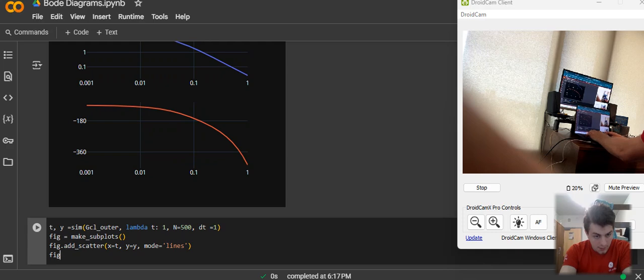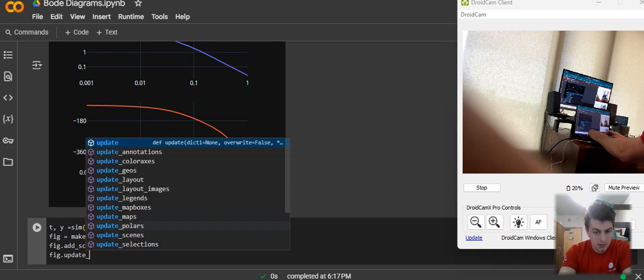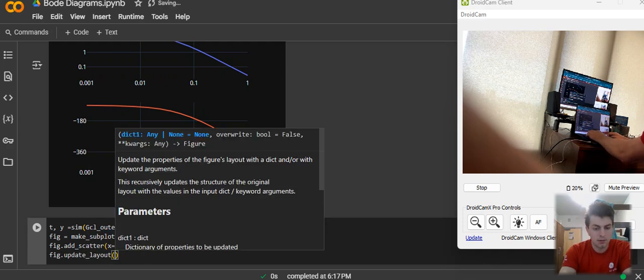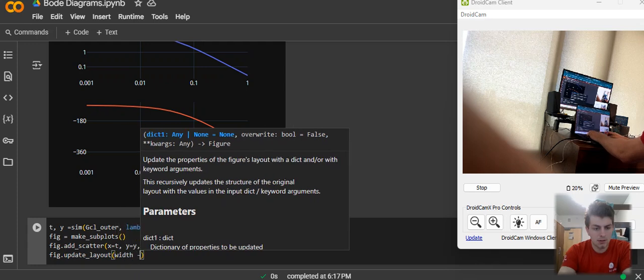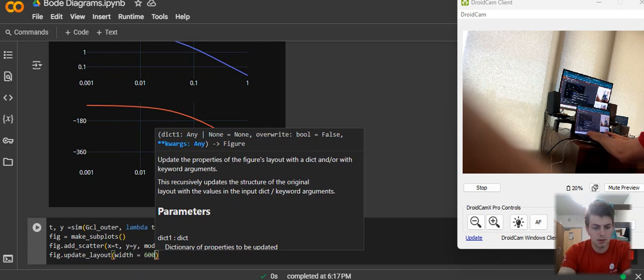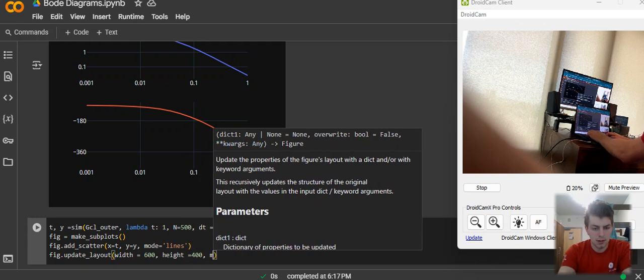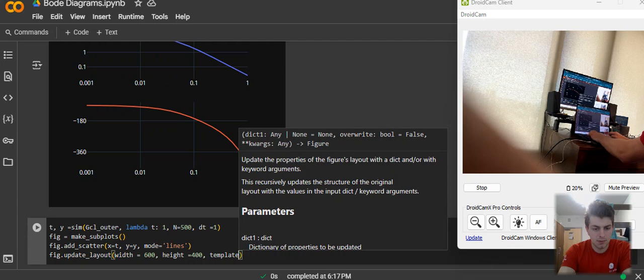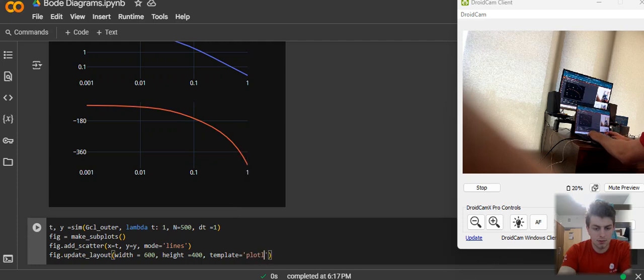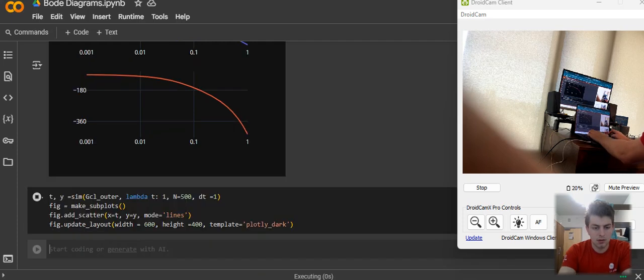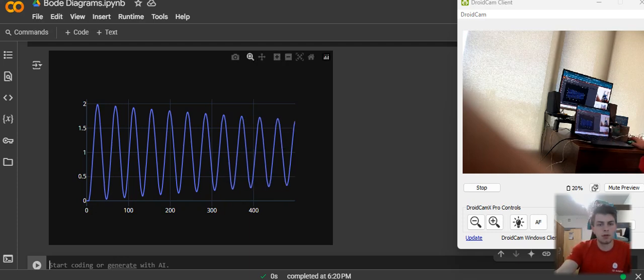And then big dot update layout. Equals 600 height equals 400 and template equals body.